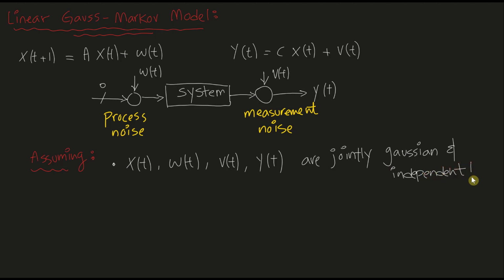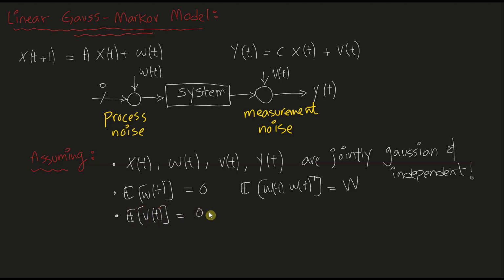And the values for W and V can be thought of as zero mean. So, excuse me, this is a W. So this is a zero mean process, and it has a variance that we describe via W. So I can do the same thing for V. It's a zero mean process. And this is equal to V.